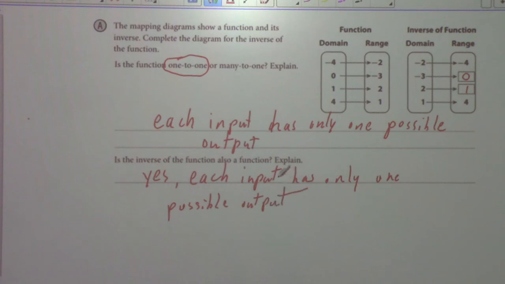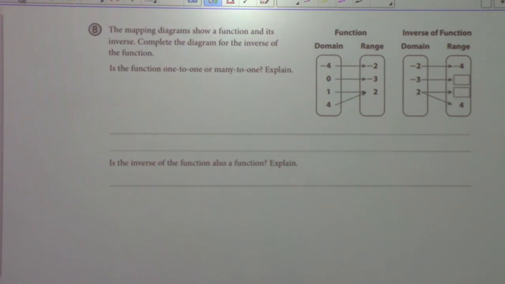All right, let's try to go to the end. Now we have a different mapping diagram, a different type of function. Is the function on the left one-to-one or many-to-one? This is one-to-one, because each input has only one possible output.